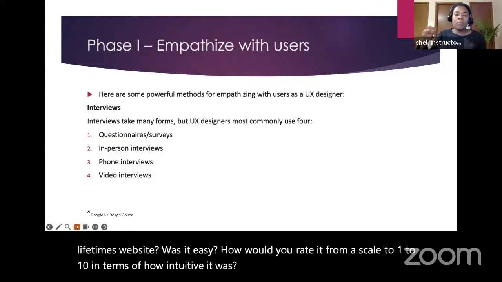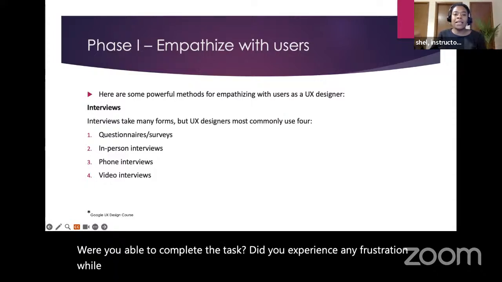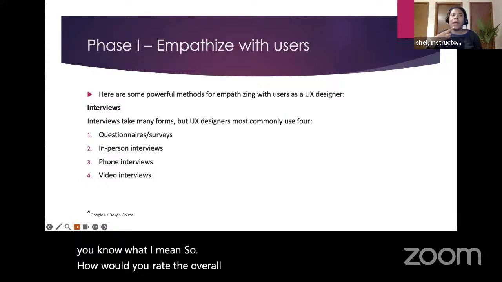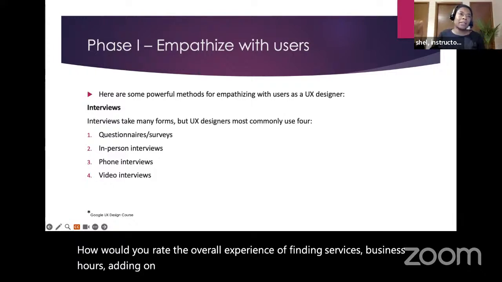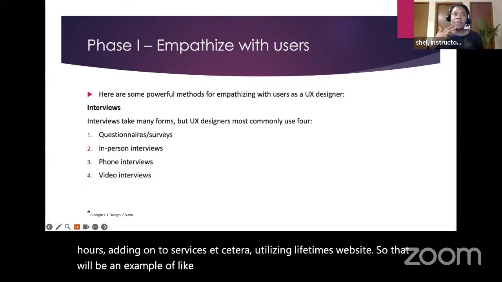Were you able to complete the task? Did you experience any frustration while completing the task? If so, what was the frustration? You know what I mean? How would you rate the overall experience of finding services, business hours, adding on to services, etc., utilizing Lifetime's website? That would be an example of questionnaires and surveys.